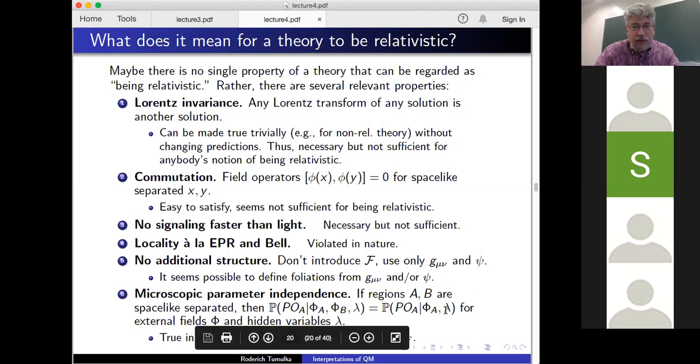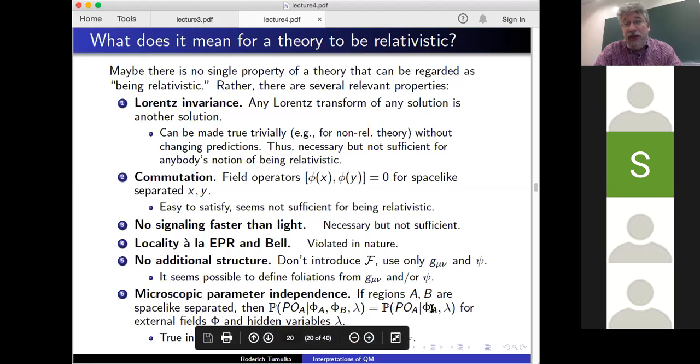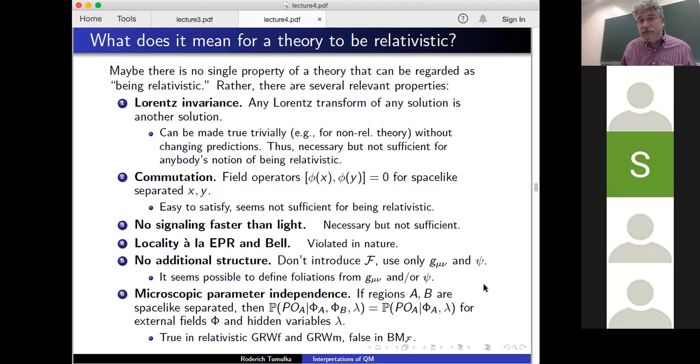Here, what you condition on, what you specify is, say, initial positions, the hidden variables, initial data for the particles, and fields in A. And what this says is that the distribution does not depend on the fields in B. There's no difference whether you specify the fields in B or not. And what I've just drawn shows that in Bohmian mechanics it does depend on the fields in B. So that's why this condition fails in Bohmian mechanics.